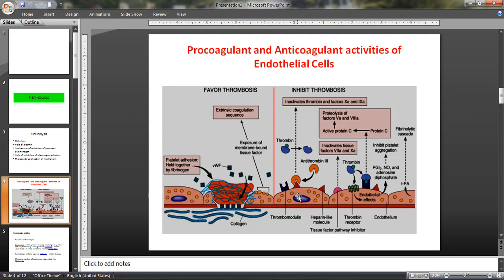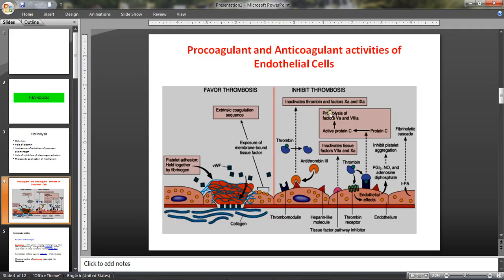What it does is neutralize the thrombin, or rather inactivate the thrombin. So once the thrombin is inactivated, the fibrinogen will not be converted into fibrin or clot.